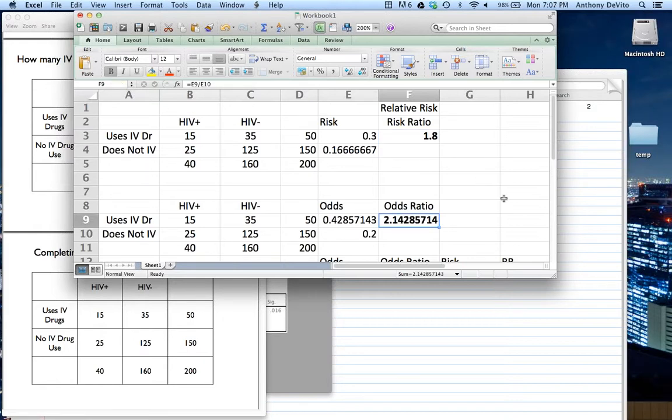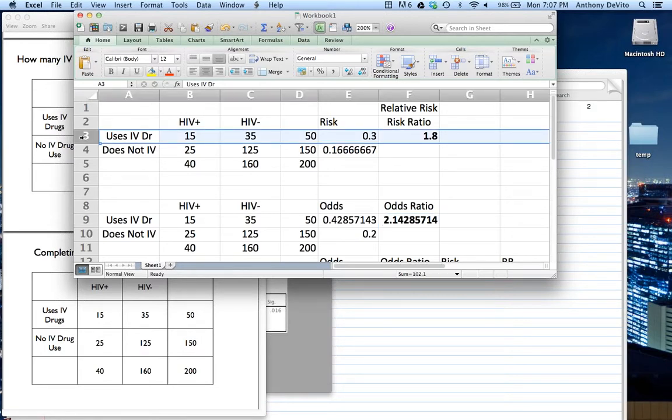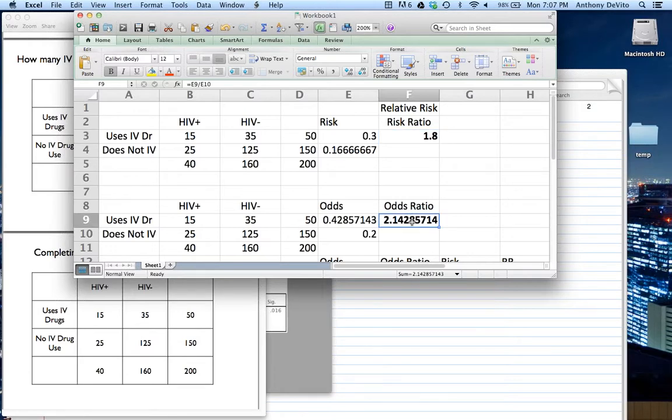We got somewhat different numbers here. What they do have in common is that since this number is greater than 1, it suggests that the exposure, uses IV drugs, increases your risk or your odds of being HIV positive.